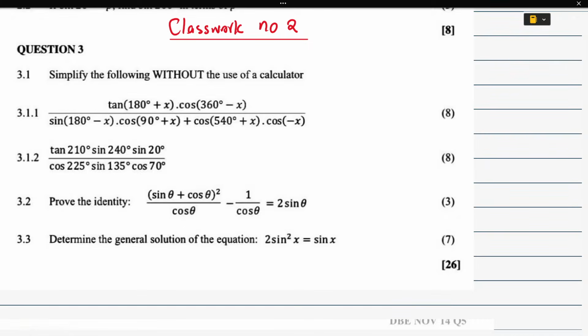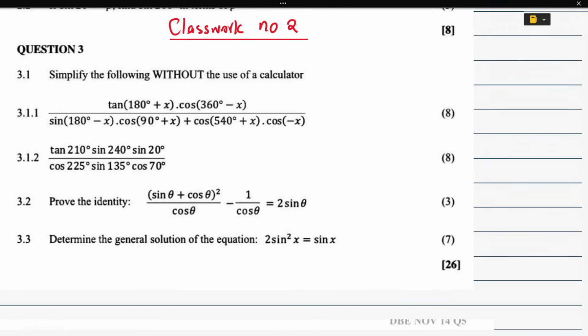Indicate which one you are doing. Okay, you are on 3.1.2.